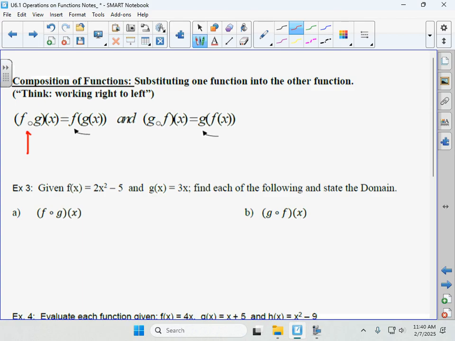All right, and so when you see this composition with that circle in between f and g, you can actually push them all together so it looks like this instead. f of g of x. So f parentheses g of parentheses x parentheses parentheses. All right, so that's called f o g of x. You can see it in two different ways. And same with g of x. So if you see g circle f of x, we also call that g o f.